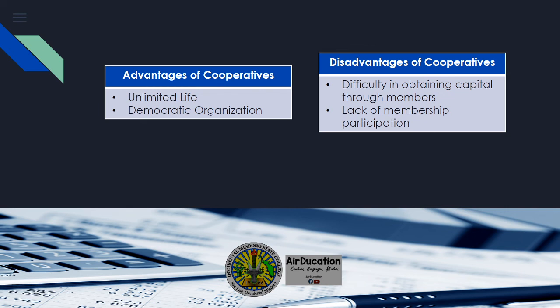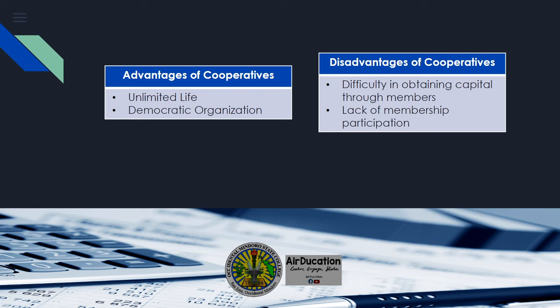The disadvantages of this one: difficulty in obtaining capital through members, because sometimes members of the cooperatives only become a member because they just want to benefit from the perks of the cooperatives, for example, the discounts on the products and so on. And sometimes some cooperatives have a mandated contribution every month.